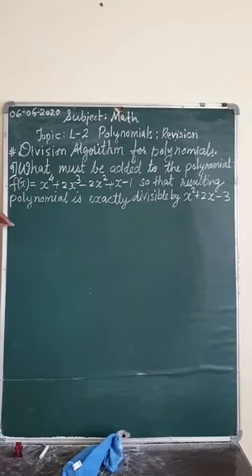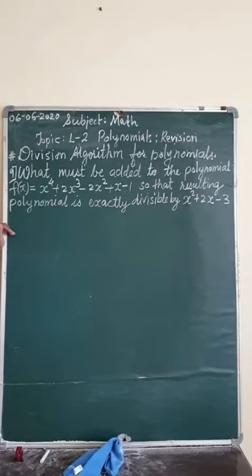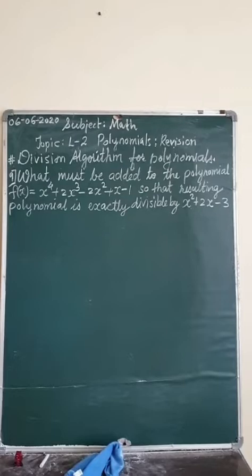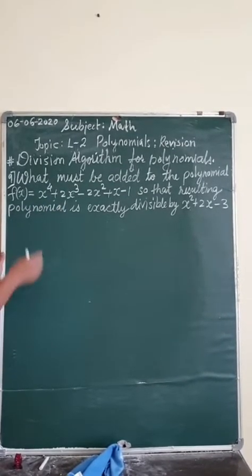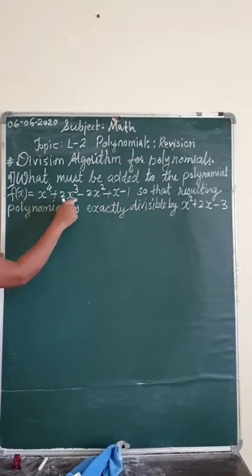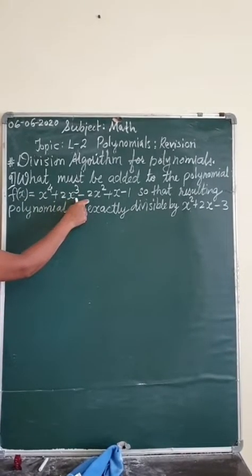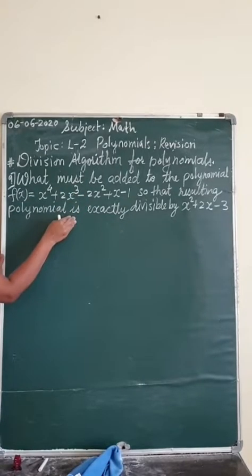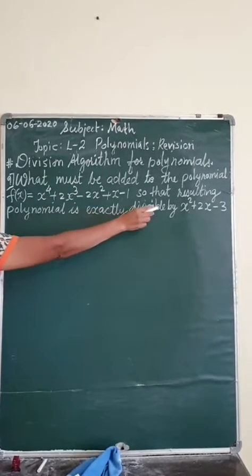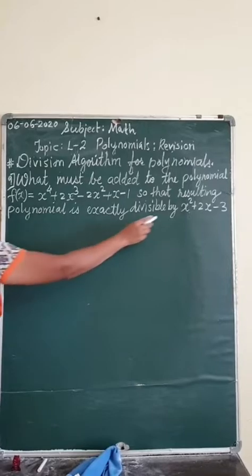This type of question is mostly asked in board exams for 4 marks. So here, before solving this, try to understand this concept. What they have given is that this polynomial, if something is added to it, is exactly divisible by the given polynomial which is here.